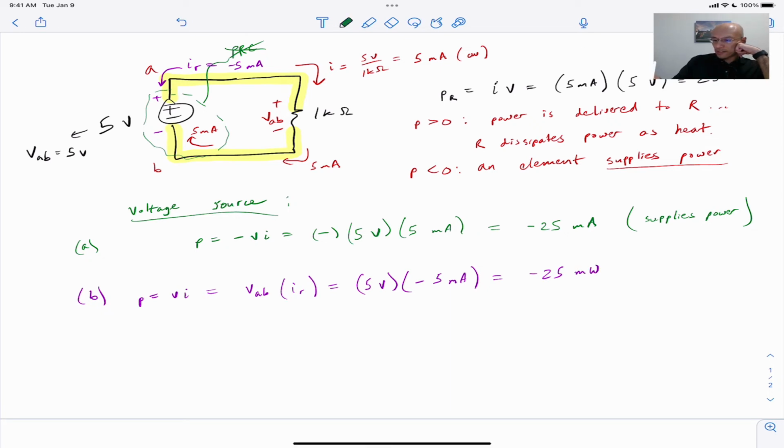And I see that in the upper answer I need to change the units, it's milliwatts. But notice here that both options A and B are consistent because they're both predicting negative 25 milliwatts of power delivered to the voltage supply, which is the same as supplying power.